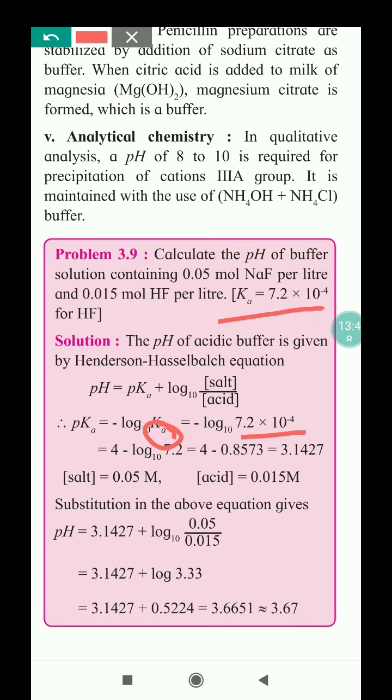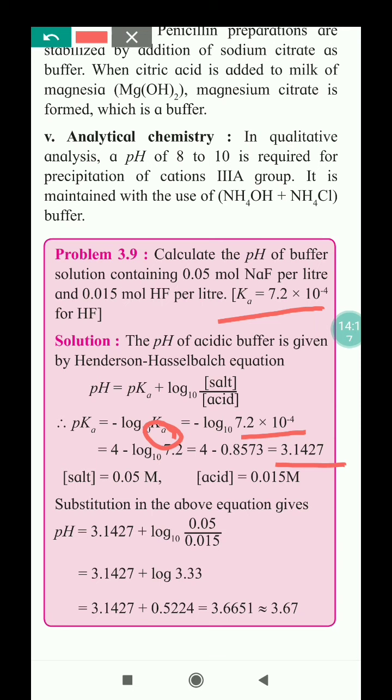It gives 4 minus log to the base 10 of 7.2. Log of 7.2 is 0.8573, so after calculation pKa is 3.1427. Here the concentration of salt is given as 0.05 and the concentration of acid is 0.015 molar.